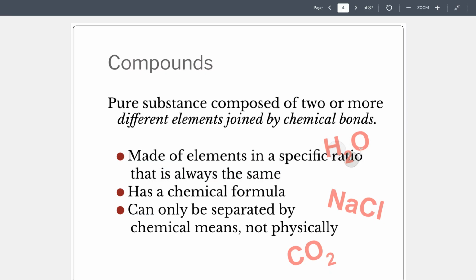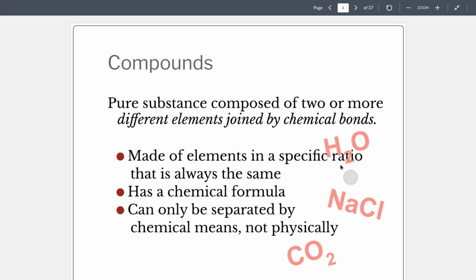It is never H2O2. That's a different thing. It's never just OH. That's a different thing called hydroxide, right? So H2O, two H's to one O, that's water. Any other ratio, meaning how many H's to how many O's, is a different thing.